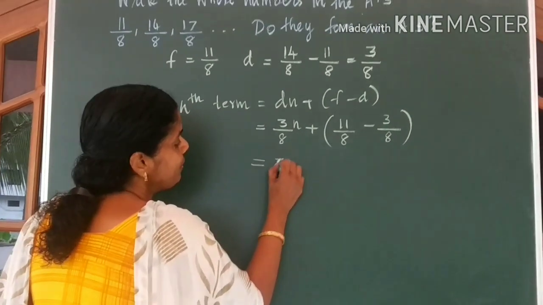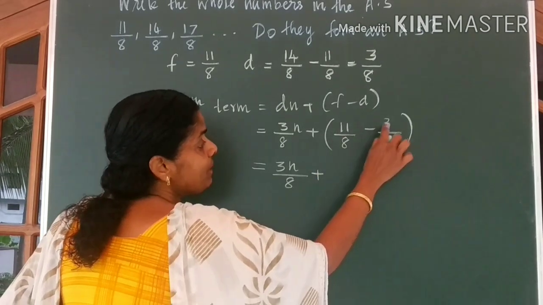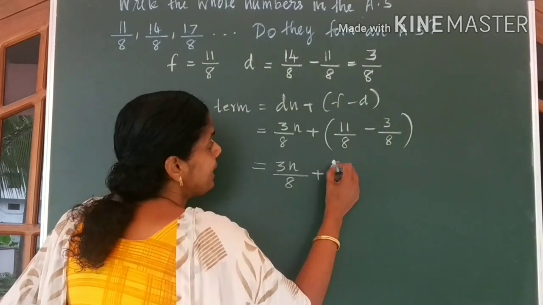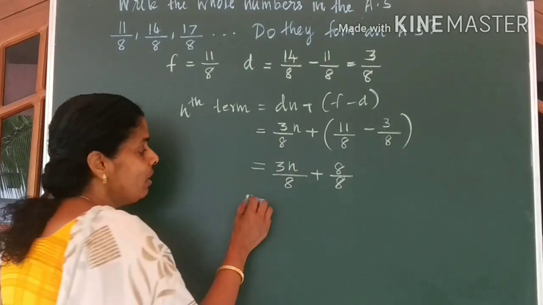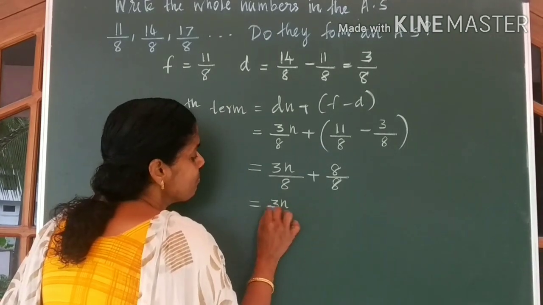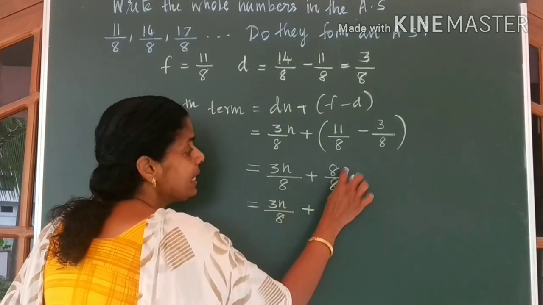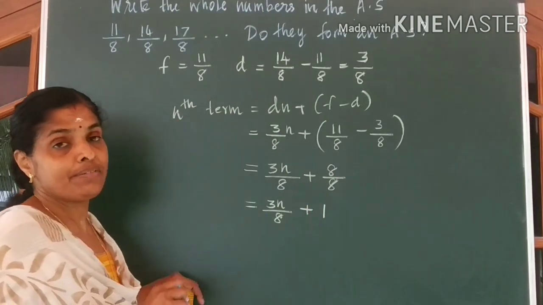That is equal to 3n by 8 plus 11 minus 3, so you get 8, 8 by 8. Clear? Otherwise, you can write it as 3n by 8 plus 8 by 8 gives you 1. Now what is our question?